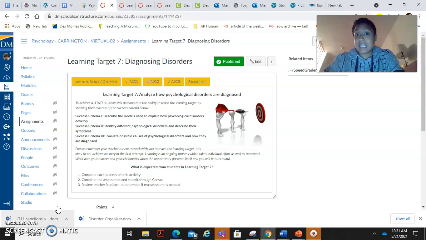LT7/8 is identifying psychological disorders and treatments. Within identifying psychological disorders, you have to be able to identify symptoms, causes, how it affects a person's life.